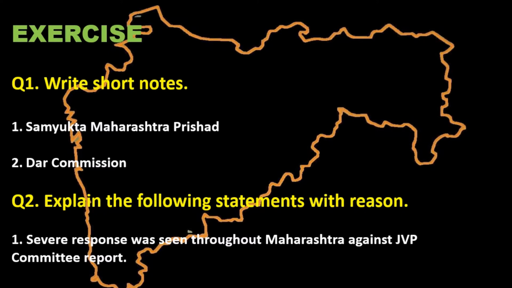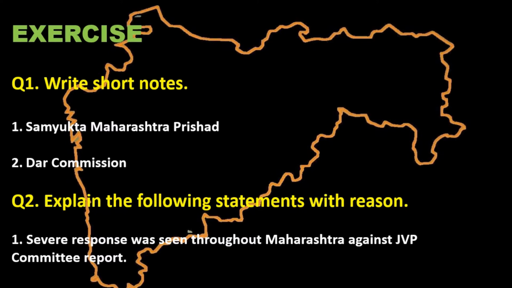Second, the Commission started the work under the leadership of Justice S.K. Dar to form states on a linguistic basis. Third, on 10th December 1948, the report of the Commission was published, but the issue remained unsolved.